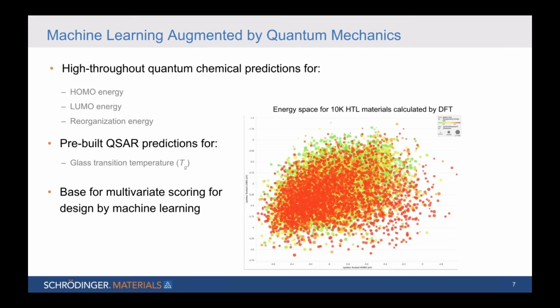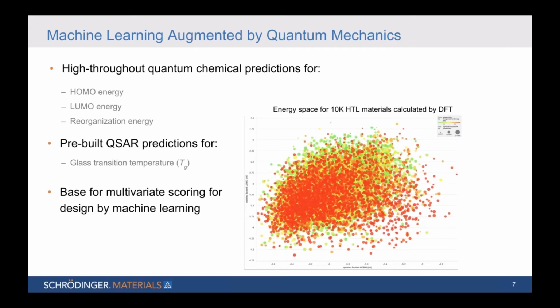So now we are looking at 4 properties, and this plot was actually generated inside LiveDesign, and you can see in the scatter plot the x-axis is HOMO energy, the y-axis is LUMO energy. But besides that, we can also do color encoding, for example, for the hole reorganization energy, to expand the dimension of the scatter plot.